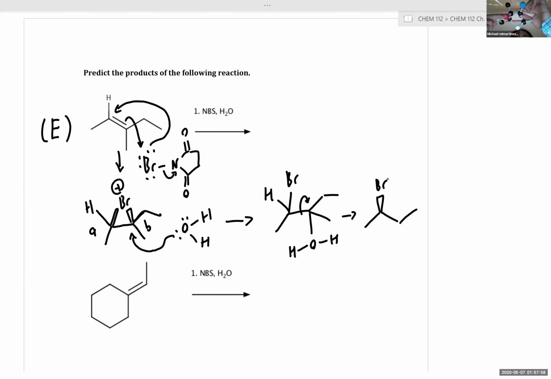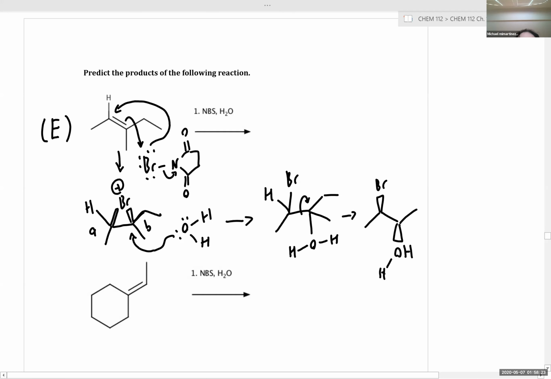Is this alcohol pointing out of the plane of the page or into the plane of the page? It's pointing towards us, yep. Okay, so we give our alcohol a wedge.